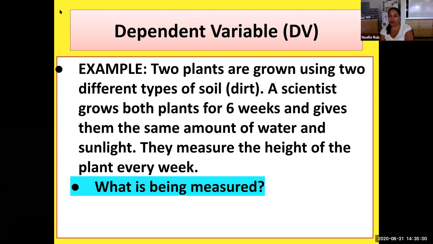Just a little hint, the word measure is in the actual experiment. And the other thing about a dependent variable is you have no control over it. So which one of those things would you not have control over?